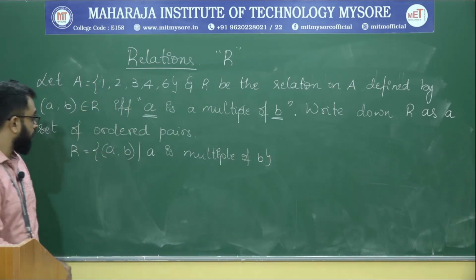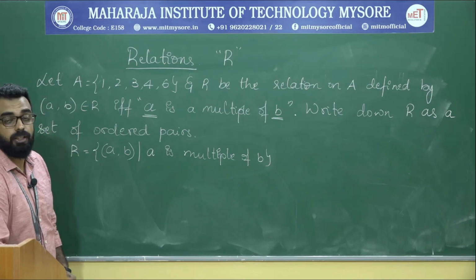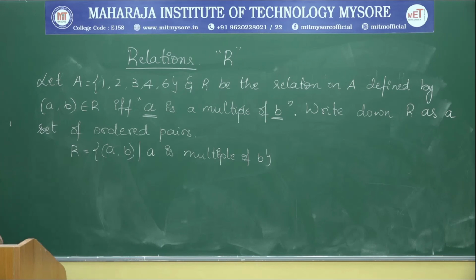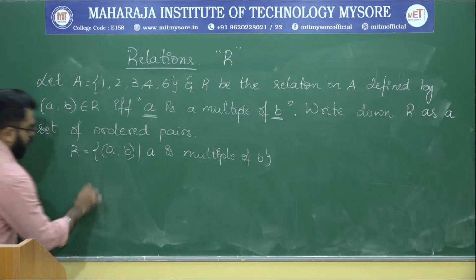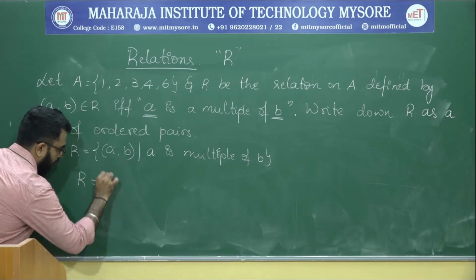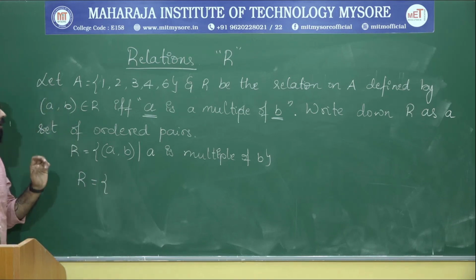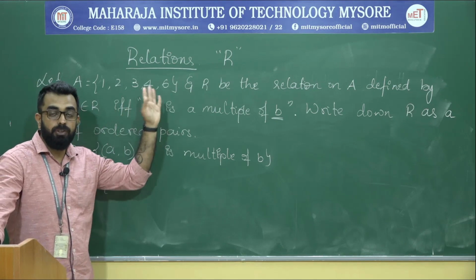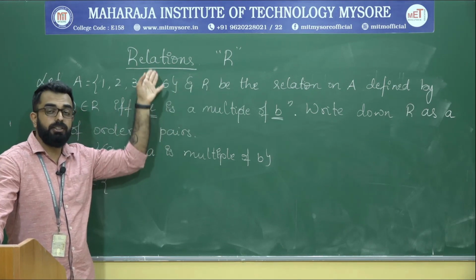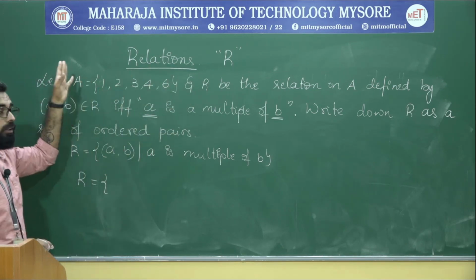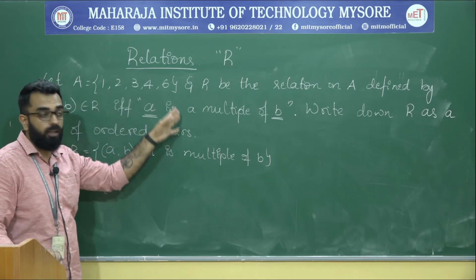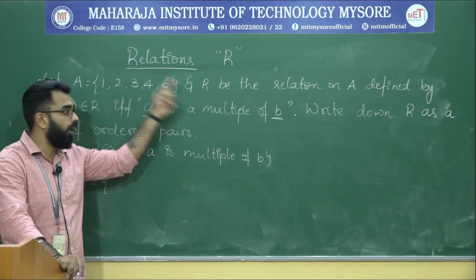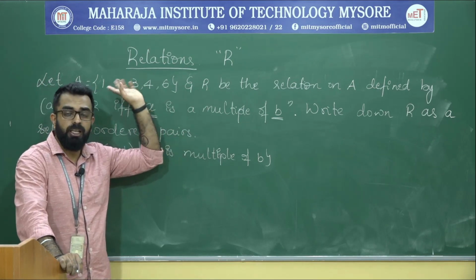This is how the relation R is defined here. So let us try to write the relation R. Now this is a relation R defined on the set A itself, so it is A cross A. This relation R will be a subset of A cross A. So the element a will be from the set A and element b will also be from the same set A.